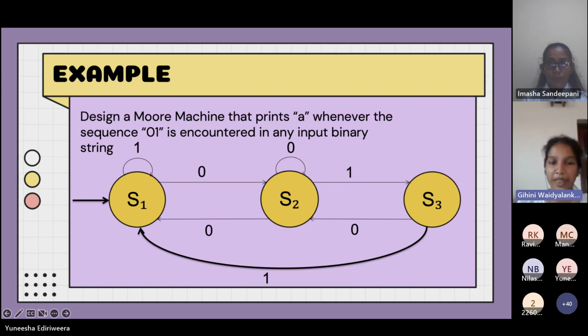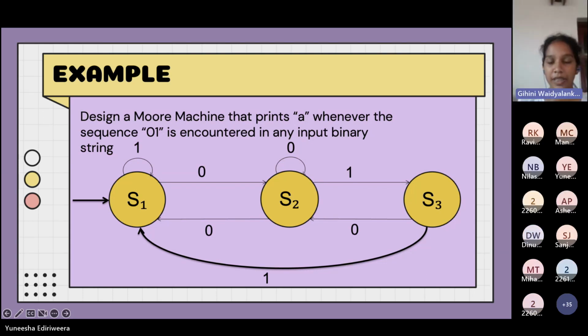Now we'll take the same example as before, which is to print A whenever the sequence 0, 1 is encountered in any input binary string. Unlike the previous example, now we are designing a Moore machine for this problem. You can see that I have already taken the DFA that I used previously.